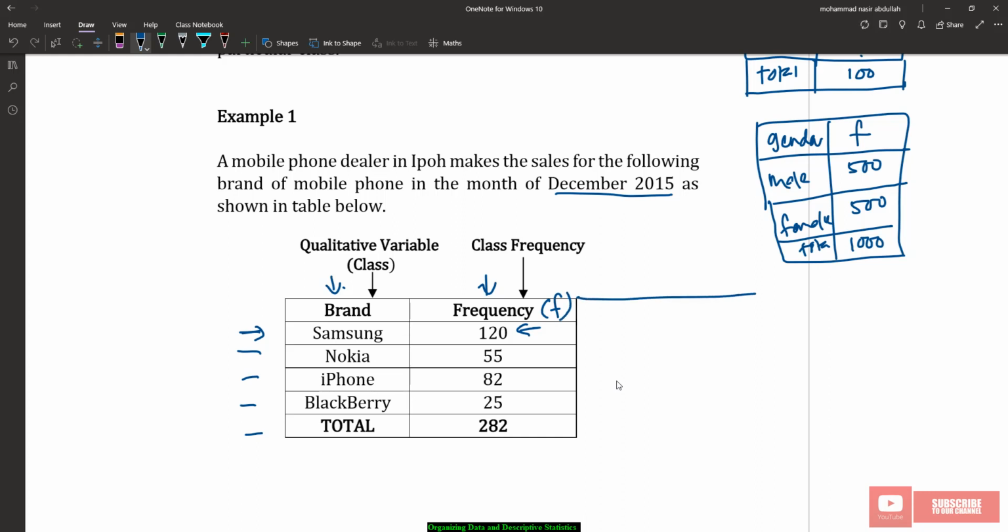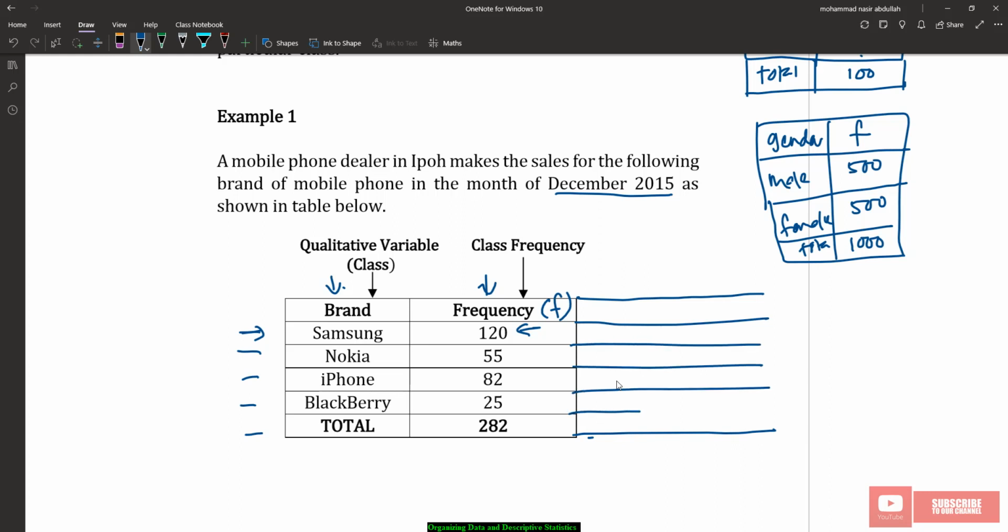Normally, for doing descriptive statistics, these 2 columns are not enough. We need to add another column, which is what we call relative frequency, or what we call probability of X. So this is your X. Probability of X or relative frequency.